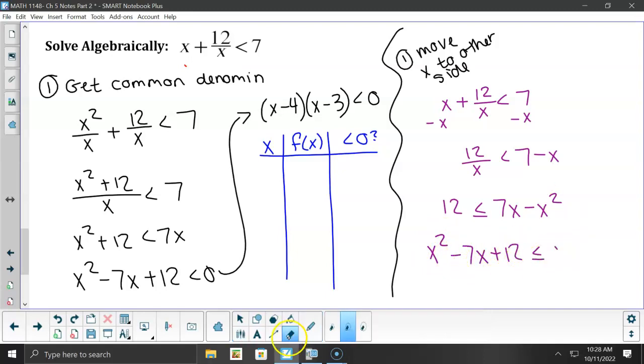Why am I putting an equals to? And then you get down to the same part, but at least it's just a different solving method.